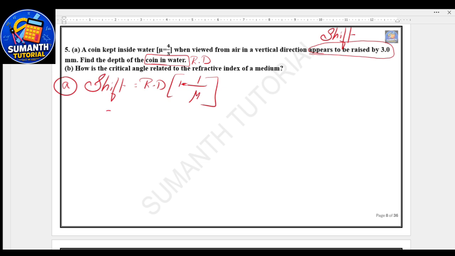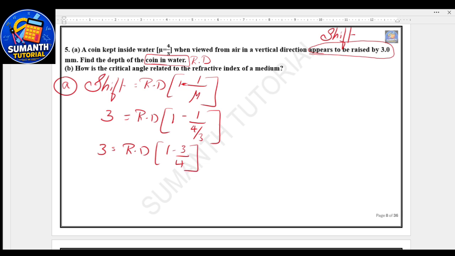See here, 3 millimeter is equal to real depth times (1 minus 1 divided by 4/3). Substitution is okay. Now see here, 3 is equal to real depth times (1 minus 3/4).